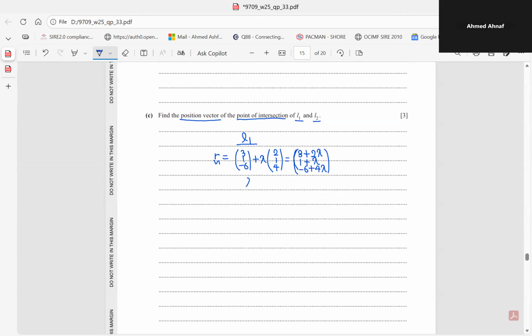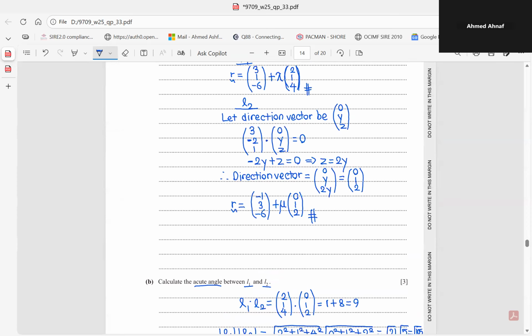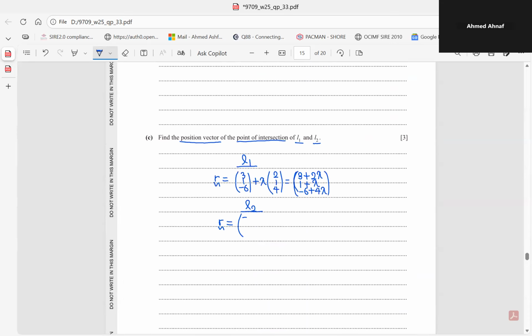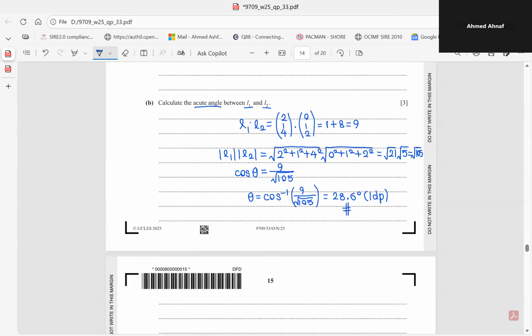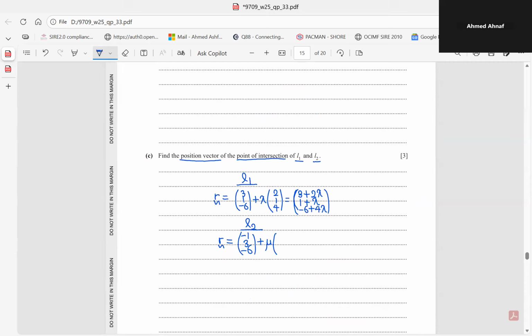Okay, so let's do the same for L2. L2 is (-1, 3, -6) plus mu (0, 1, 2).